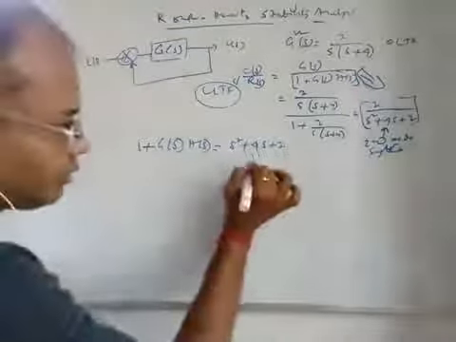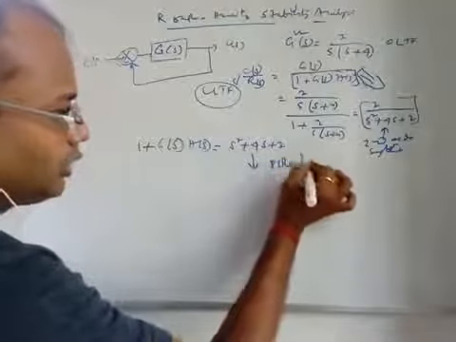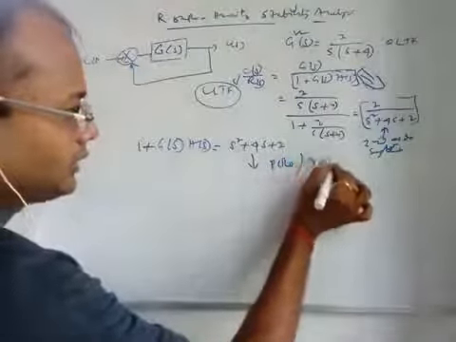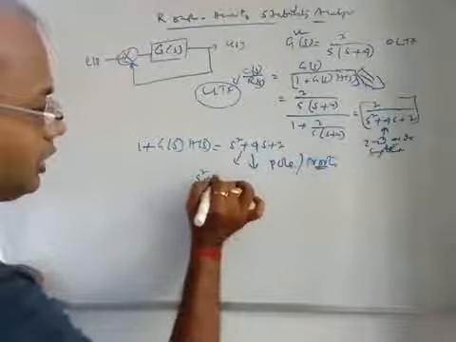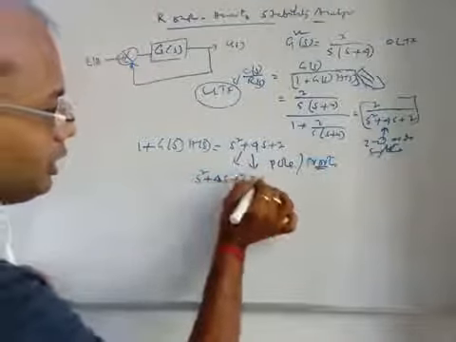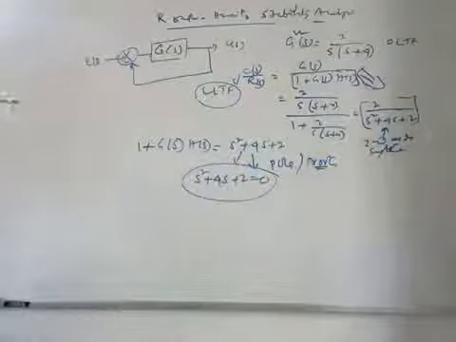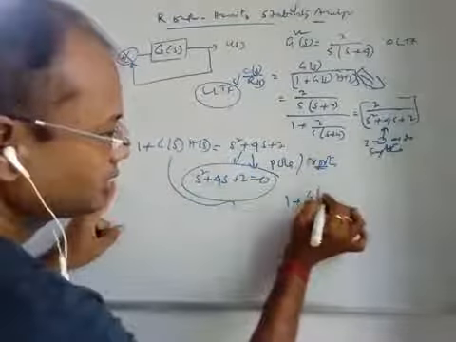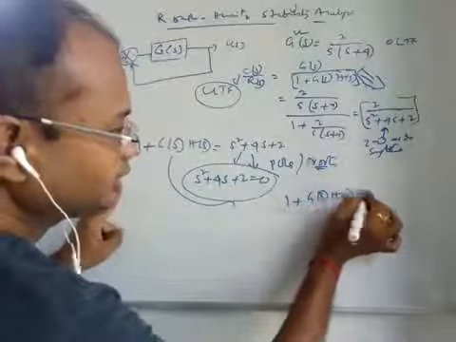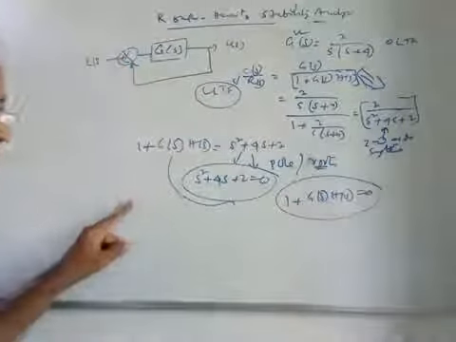And in order to get the poles, or roots, basically you have to make s squared plus 4s plus 2 equal to 0. That means in the general case we can say 1 plus G(s)H(s) equal to 0, right?